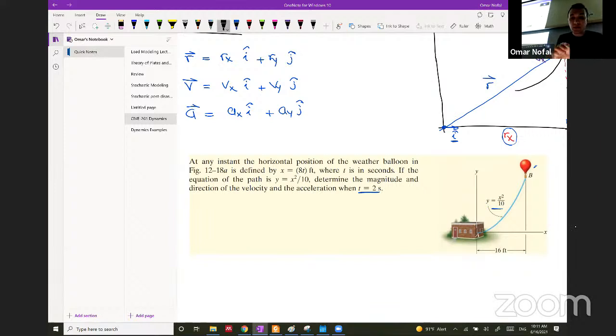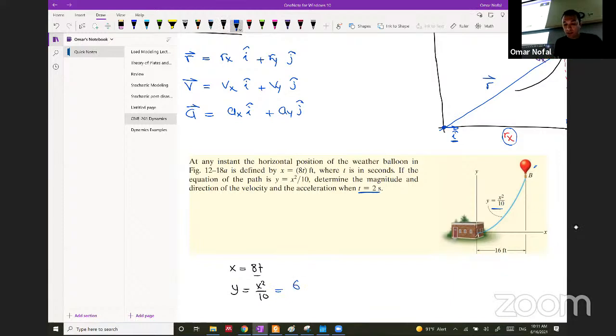So let's put the given equations. x is equal to 8t and y is equal to x squared over 10. So y is now a function of x, and we can get it as a function of t by substituting this value.